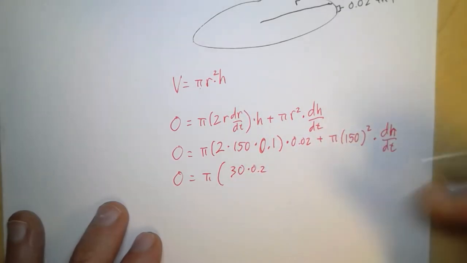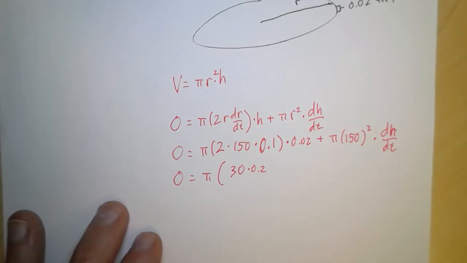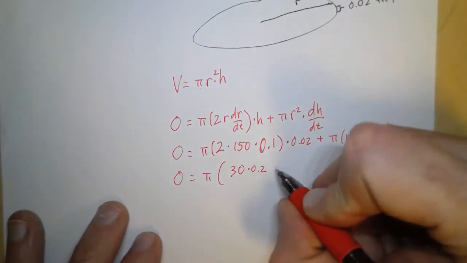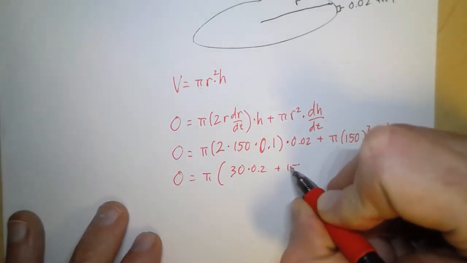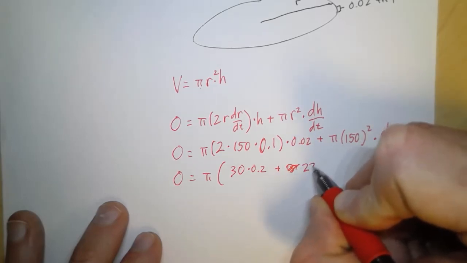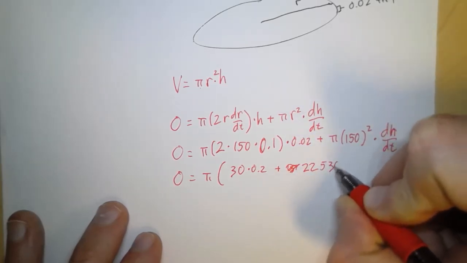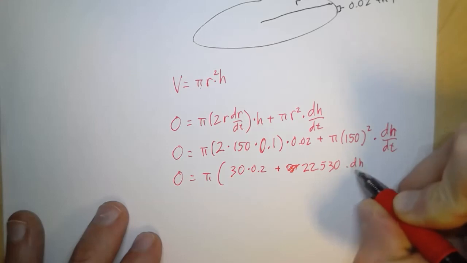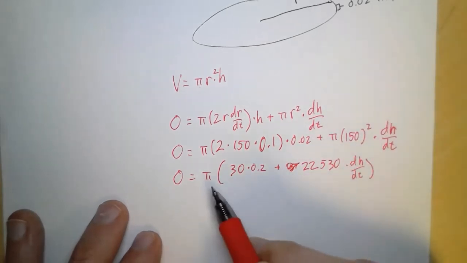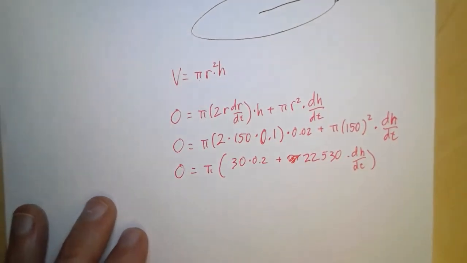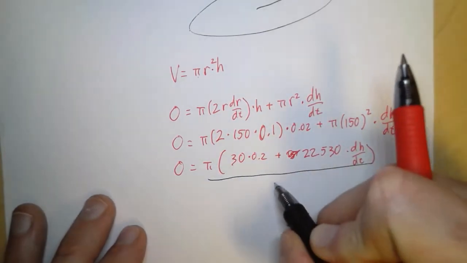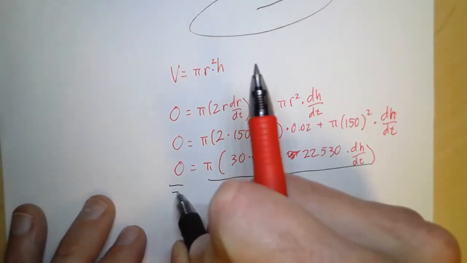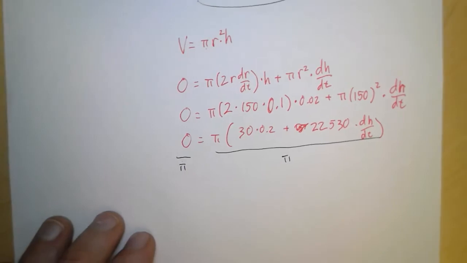Oh well, we'll get that next time. And then we have 150 squared, which is 22,500 times dh dt. Now, why do we factor out pi? Because we can divide both sides by pi, and since the other side has a 0, then who cares? And that makes all our numbers just that much nicer.